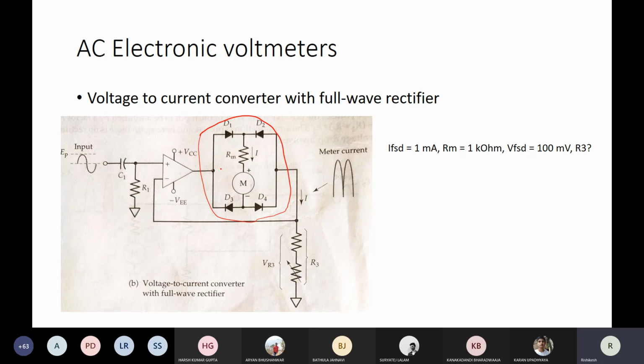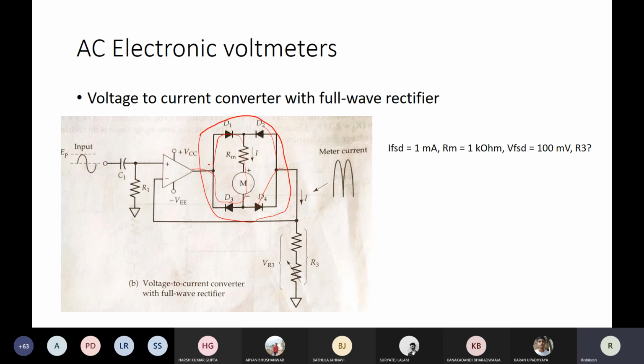In the positive half cycle, when this is positive, the current will flow like this, and in the negative half cycle the current will come from here into the op amp. So the op amp is both sourcing the current and sinking the current, okay?